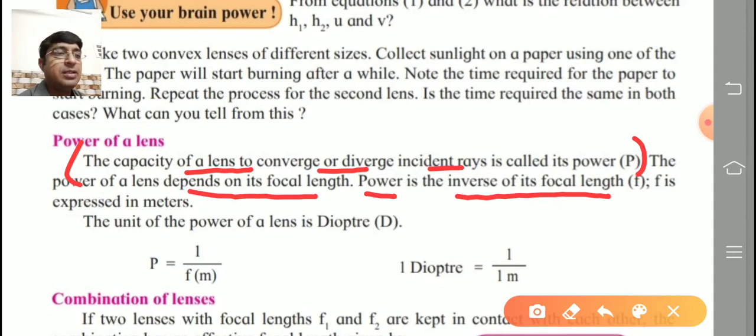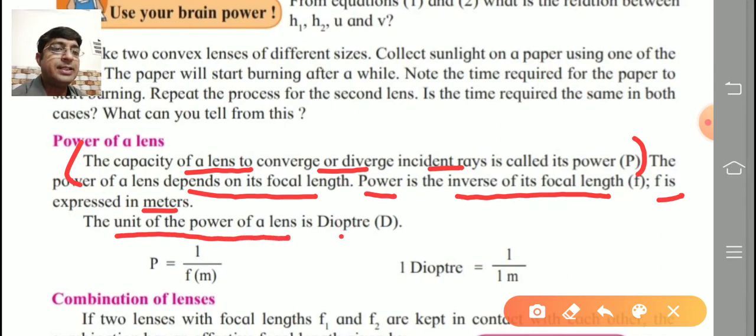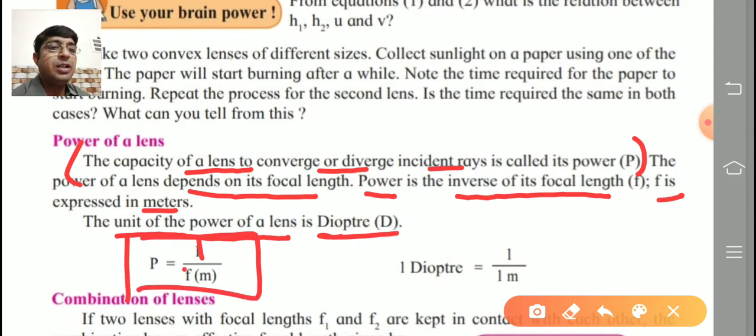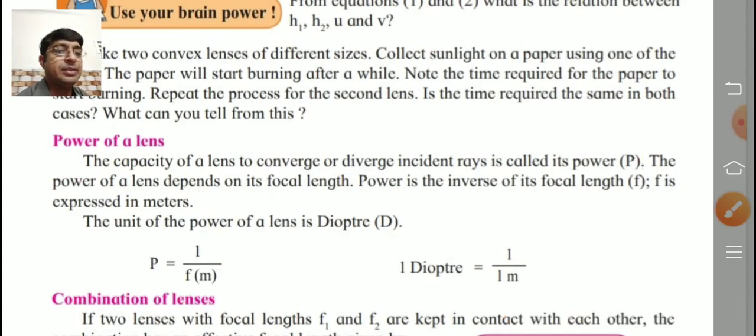Small f means focal length, it is one type of length. The SI unit of focal length is meter. Underline, the unit of power of lens is a diopter. So power is measured in diopter when 1 upon focal length is measured in meter. Remember this.